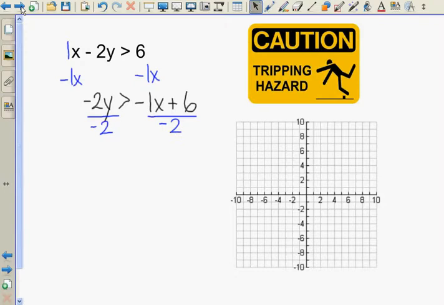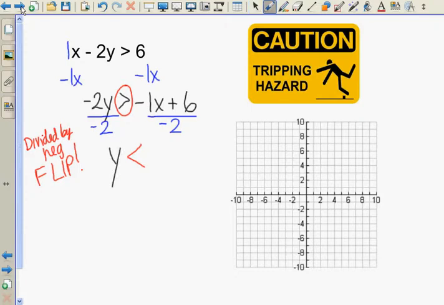And then here's the part where you might trip up. You have to remember in inequalities when you're solving like this, if you divide or multiply by a negative, so we divided by a negative, you have to remember to flip the symbol. So I'm going to make it a less than.